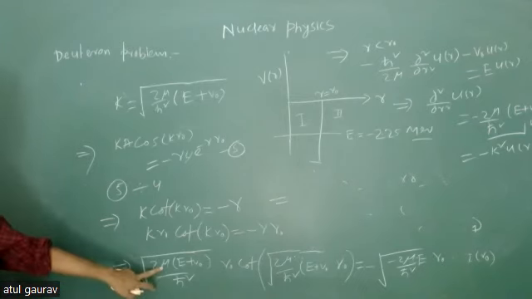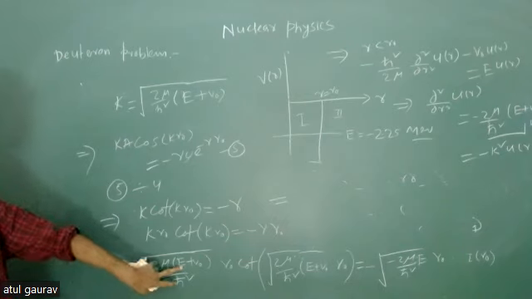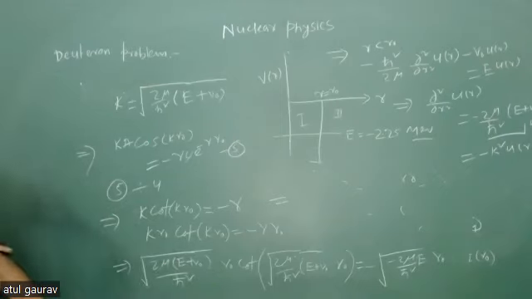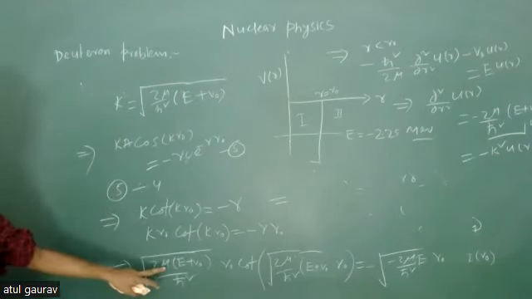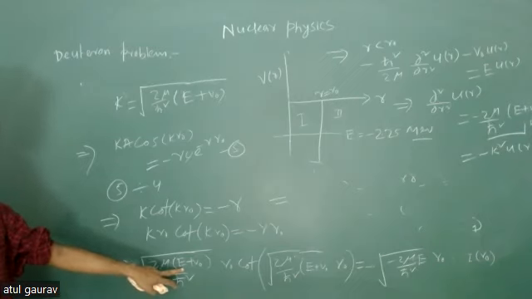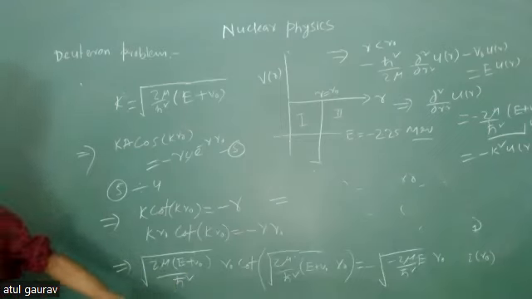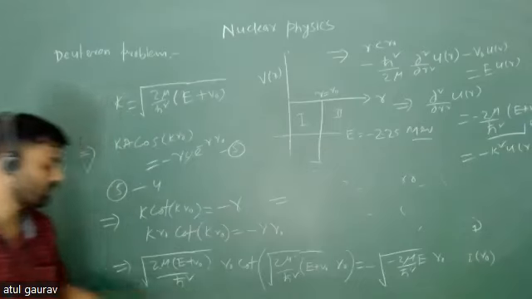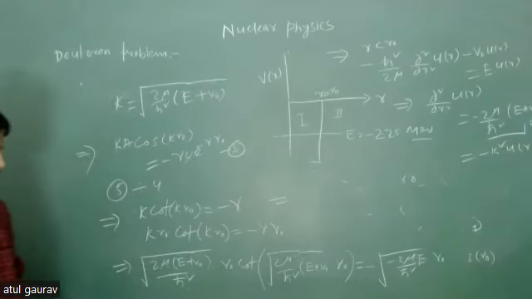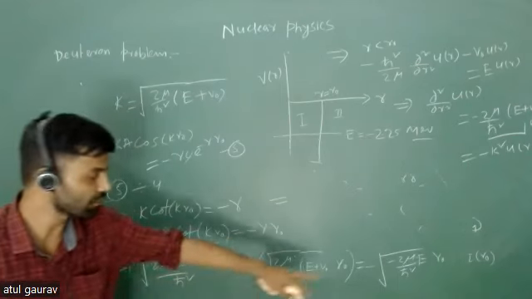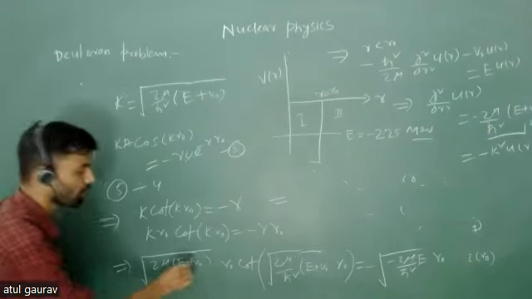Now we see the reduced mass is known and the energy is known. r0 is the range of that force, and it is roughly equal to the radius of the deuteron. mu is mp by 2, energy is minus 2.25 mega electron volt, and r0 is the range of the nuclear force, roughly equal to the radius of the deuteron, around 2.1 femtometer. Everything is known in this equation, only V0 is not known.